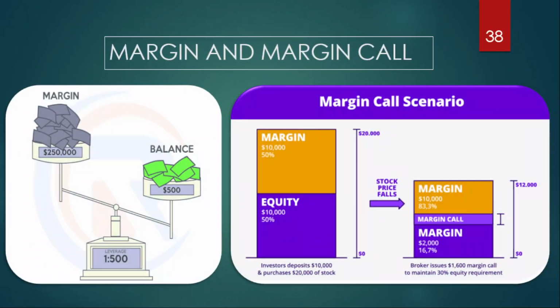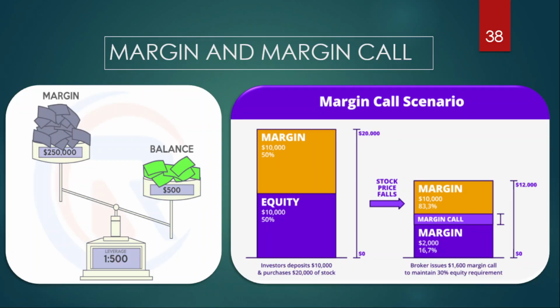Okay, so let me make an example. Suppose you have $500 in your account, and you have chosen to use leverage of 1 to 500, or 500 to 1, however you may put it.